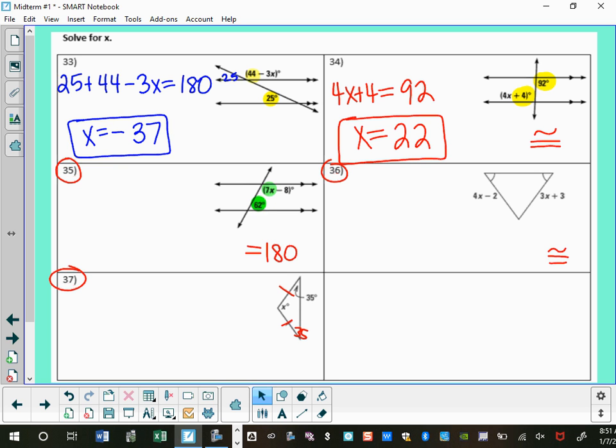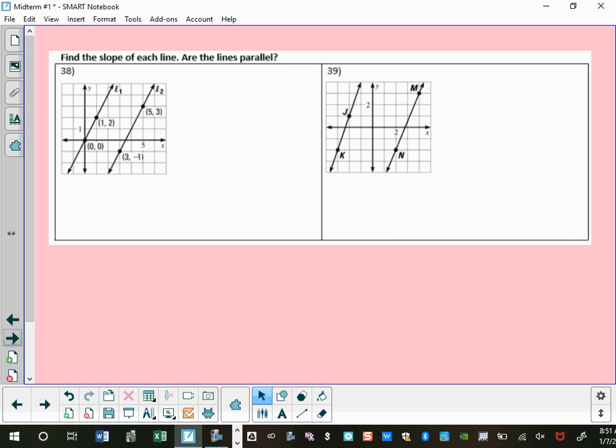All right, let's look at our slope. For the slope, there are two lines. Because there are two lines, they want you to find the slope of each line. So they said line 1 and line 2. You guys remember that there's a slope formula, right?